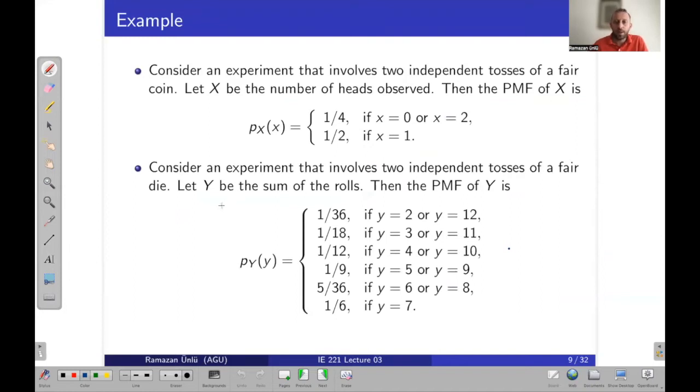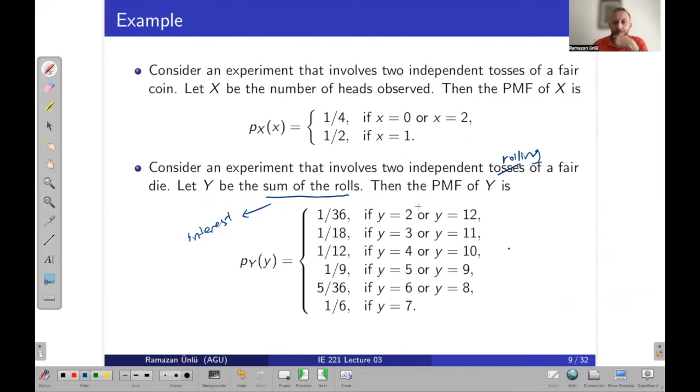So let's look at another example. In this example, we have 2 independent tosses of a pair of dice, and let Y be the sum of the rolls. So the sum of the rolls is my interest, right? And the random variable Y will be shaped based on my interest.